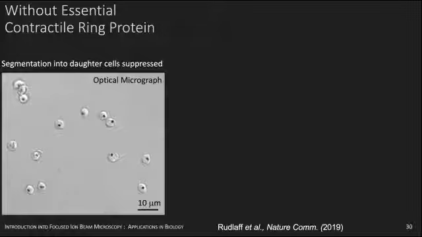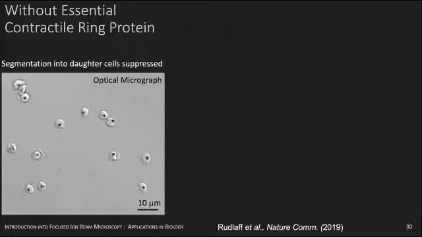Rachel and Jeff have discovered a protein that appears to be essential in this membrane development, and they have made so-called knockdown mutants where the protein has been taken out for the most part.